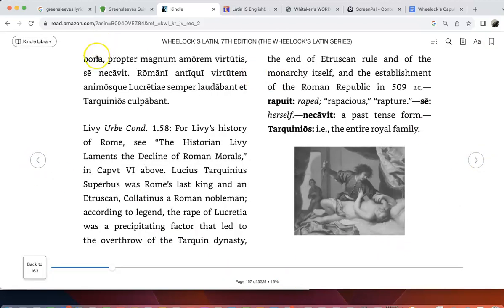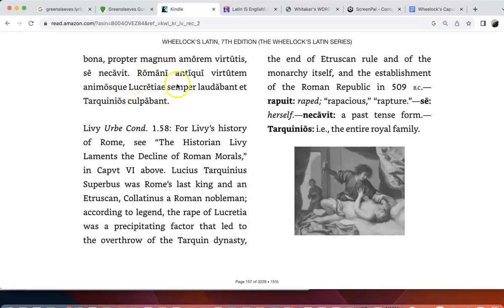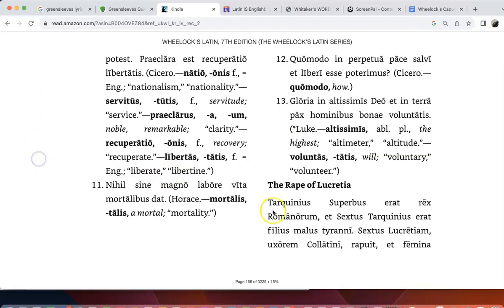And the good woman, because of her love of virtue, killed herself. Ancient Romans were always praising the virtue and courage of Lucretia, and were blaming the Tarquinians. Here, the entire royal family were blamed for that immoral, wicked deed.